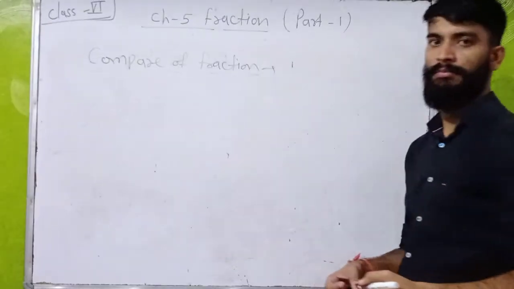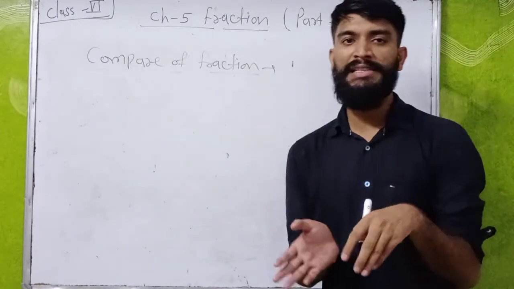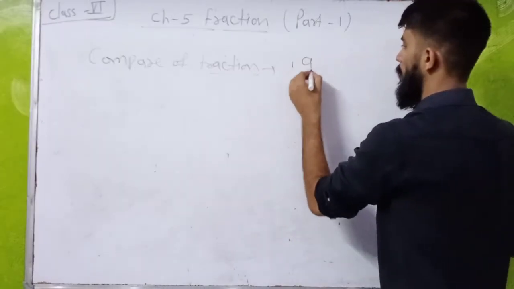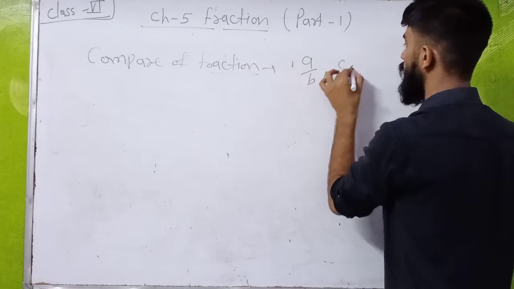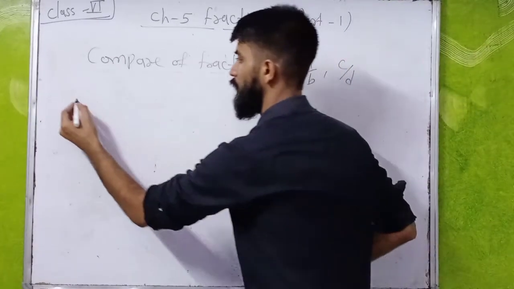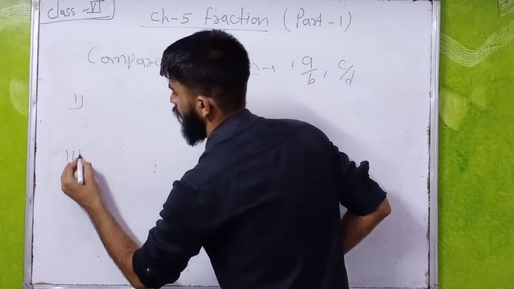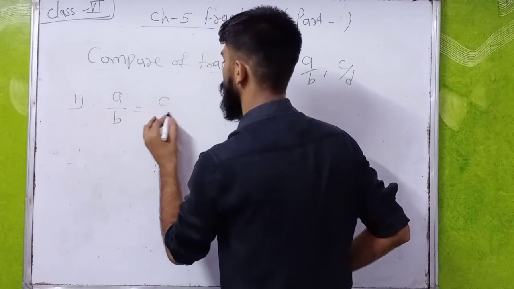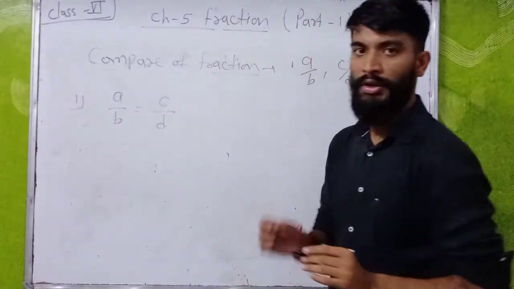Comparing fractions means which number is greater or which number is less. Just like two numbers are given: a divided by b or c divided by d. First case: a divided by b or c divided by d. Simple concept.